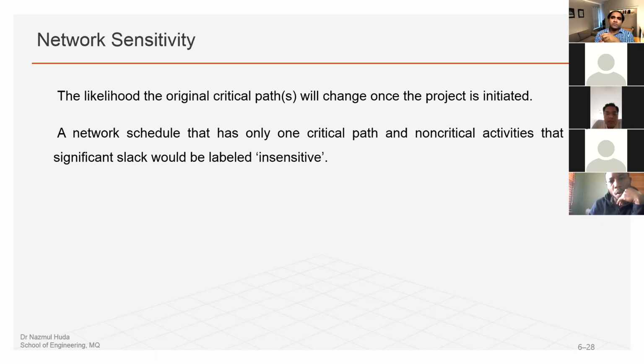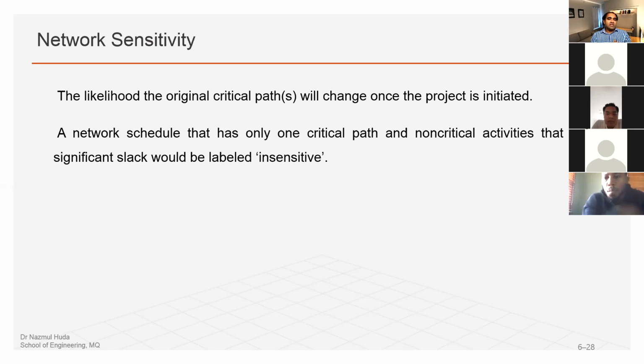It's a very critical issue, especially when we have a highly sensitive network, where there are multiple chains very close to the critical path. That means the total slack is, for example, less than 5 days. If it is less than 5 days or a very short number of days and we delay any of those activities, that chain will become the critical activity.